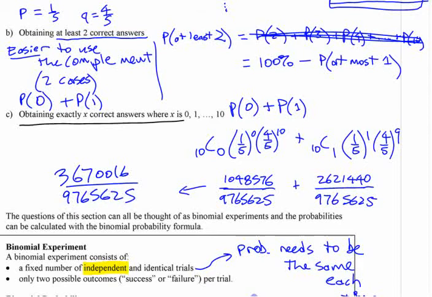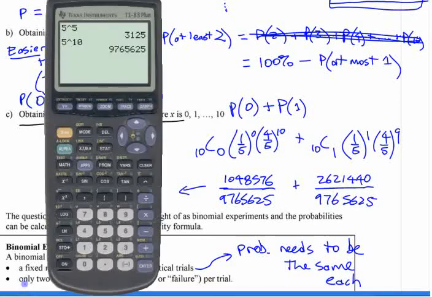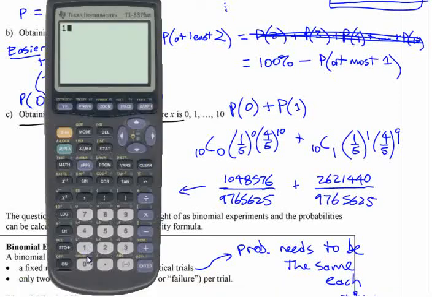I want you to realize you're welcome to use decimals if you want. You can put in 10C0, unless hopefully you realize what 10C0 is. You can do 1/5, 1 divided by 5 to the power of 0. Hopefully you realize that's 1 as well. And then if you do this to the 10th, it'll give you that number as a decimal. That's fine if you do that.